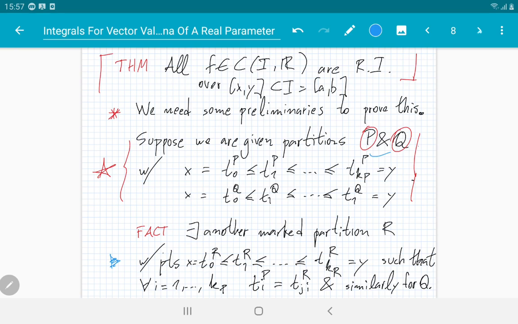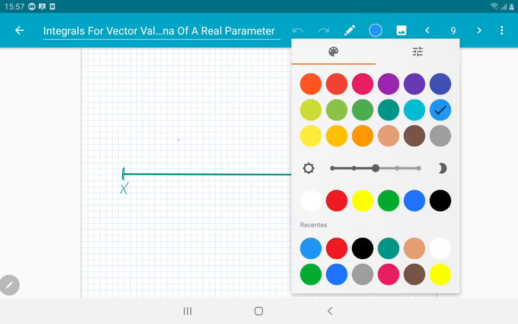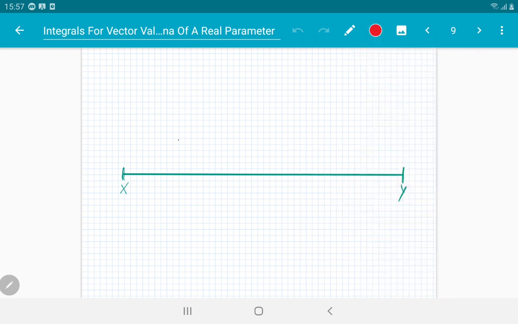Let me give a picture for the proof. Let me draw the points of the partition P in red, the T's of the partition. So I have T0P, T1P, T2P, T3P, T4P, T5P, and this is T6P.